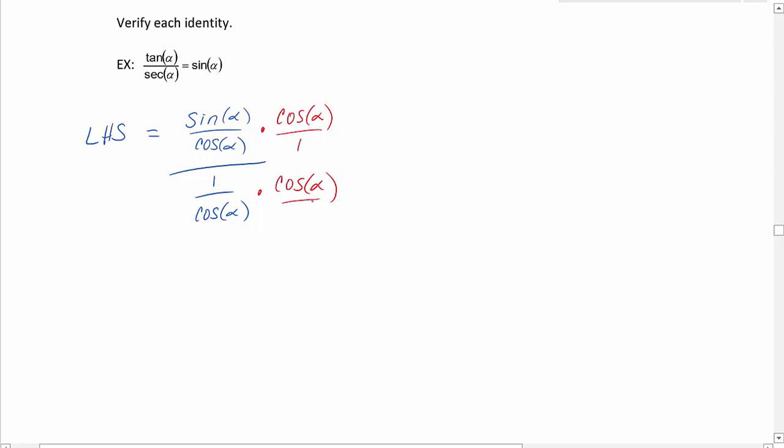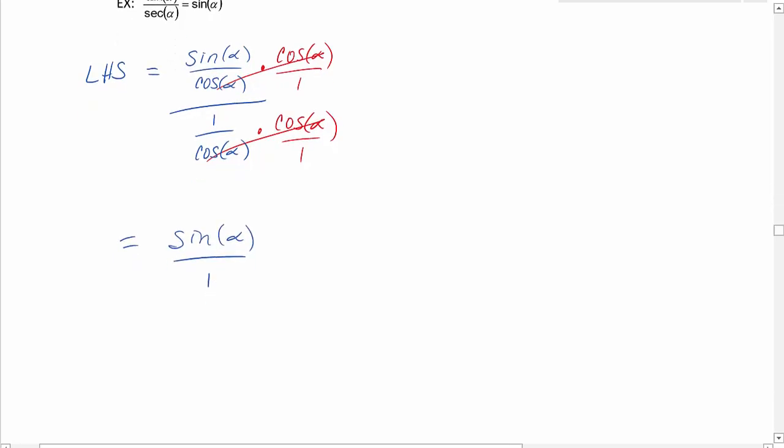It might be helpful to put those cosines over 1, and we see they cancel in the numerator, they cancel in the denominator. This gives us sine of alpha over just 1 in the denominator, which we know is sine of alpha, and that is our right-hand side, which is what we wanted to get to.